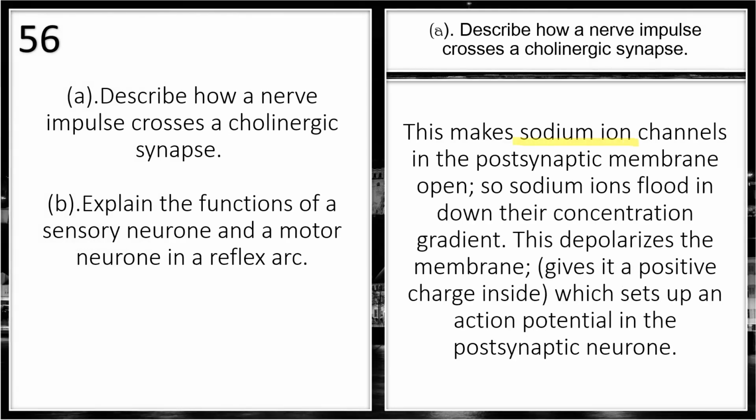This makes sodium ion channels in the postsynaptic membrane open, so sodium ions flood in down their concentration gradient. This depolarizes the membrane, giving it a positive charge inside, which sets up an action potential in the postsynaptic neuron.